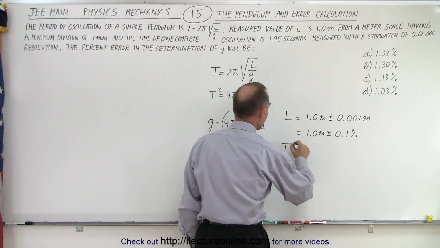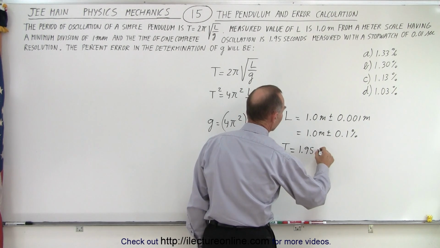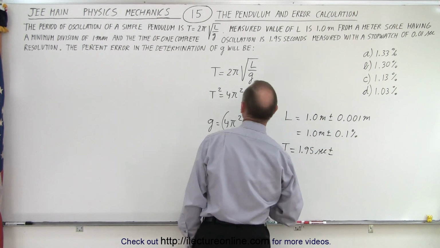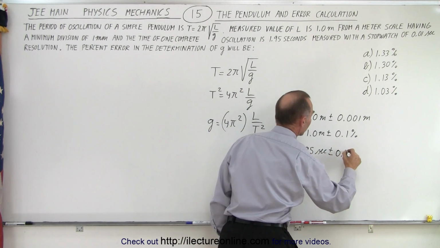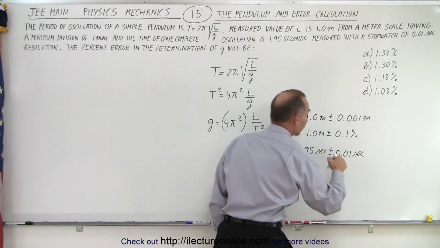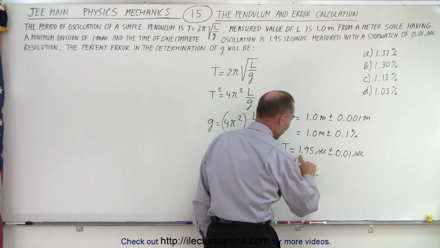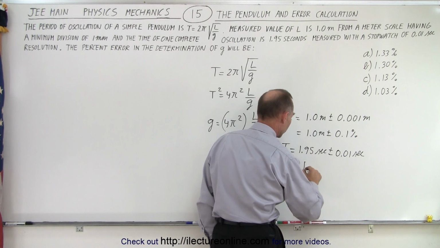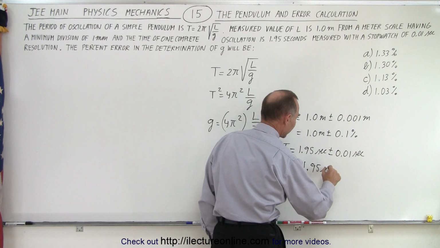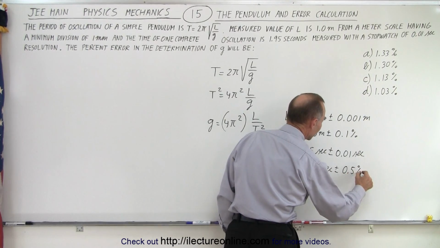Then for T, the period is equal to 1.95 seconds plus or minus the resolution of the stopwatch, which is 0.01 seconds. So converting that to percent, now without a calculator, you can think of this as being 2 seconds, so that becomes 1.95 seconds plus or minus 0.5%.